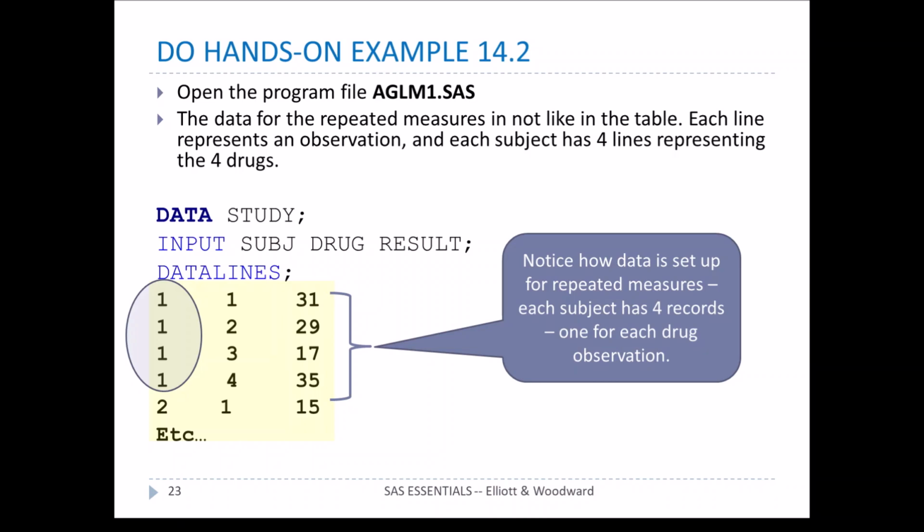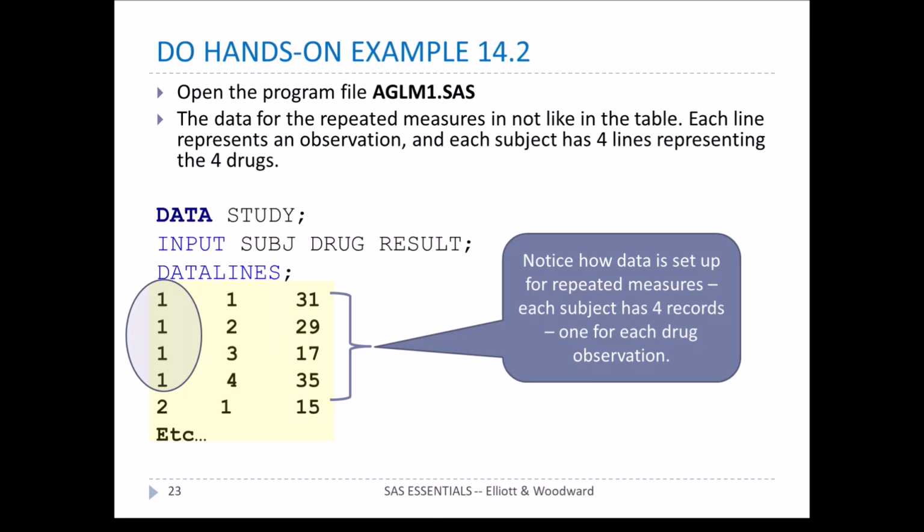We have the same subject on 4 different lines. Notice that at the far left, that's the subject variable, 1, 1, 1, 1. It's all the same subject. And then the next one is which drug they got, 1, 2, 3, 4. And then the result of whatever the test was is the data there.